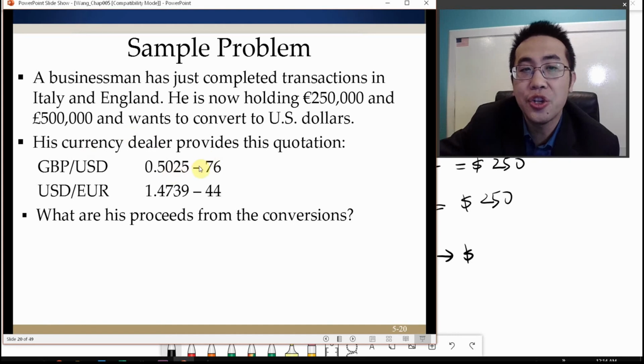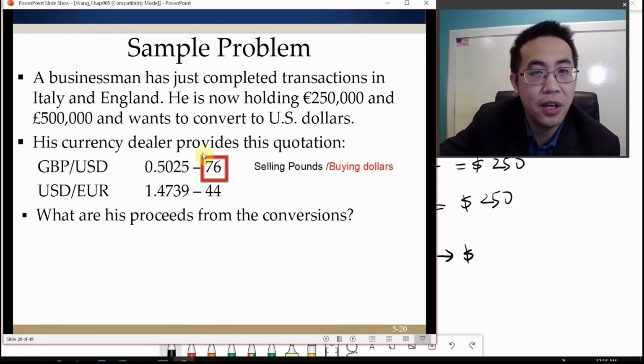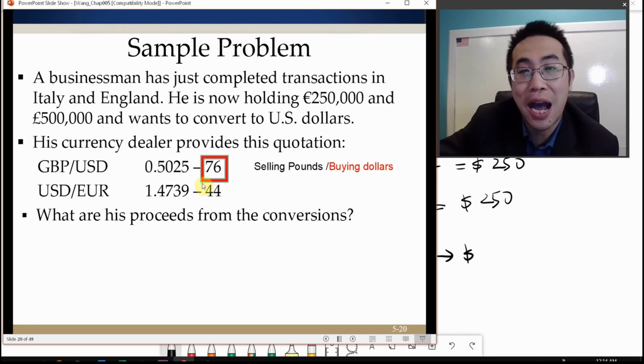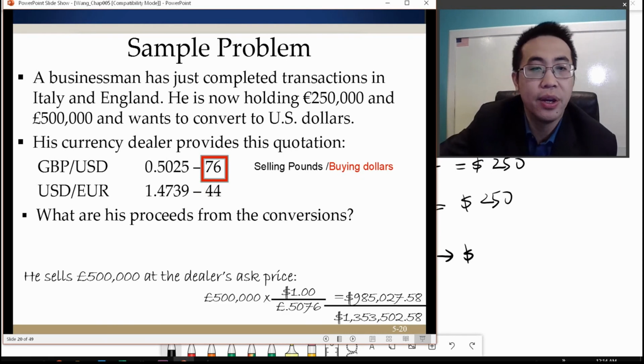If you're buying US dollars, you will need to divide by the ask price, just like when you buy anything, you divide the price. So you should use 500 pounds divided by 0.5076 pounds per dollar. It's the same transaction, selling pounds to get US dollars, but we just focus on the buying dollar side of the story. So that's your answer.